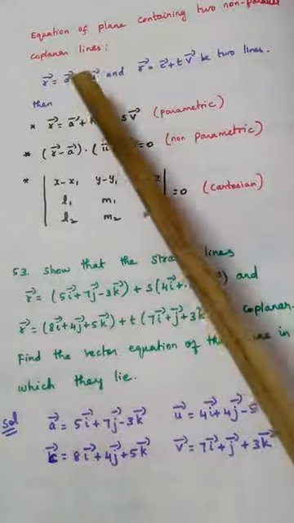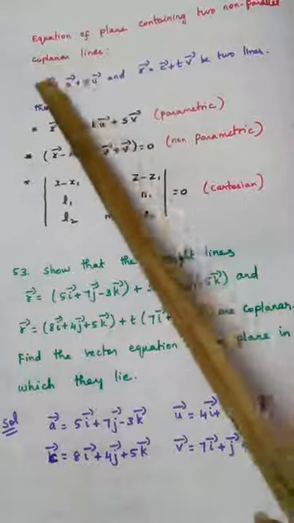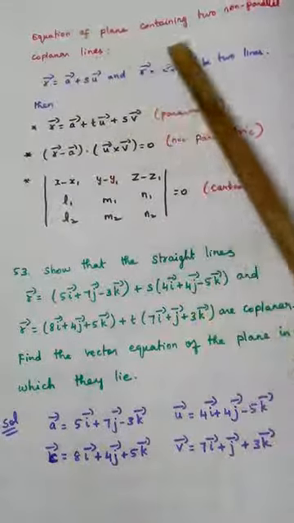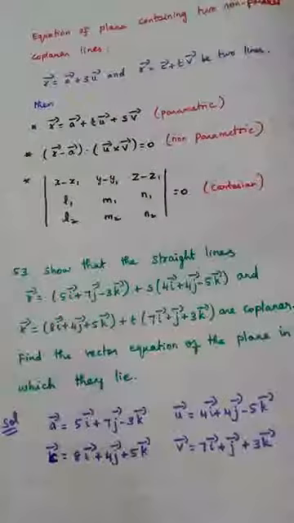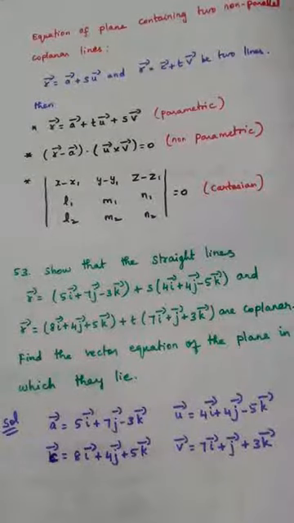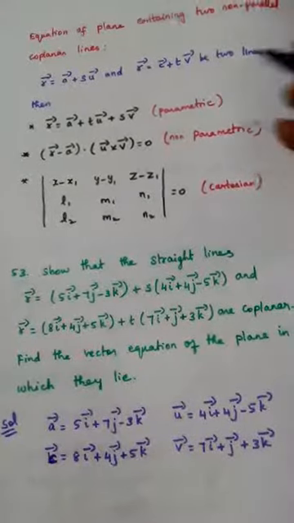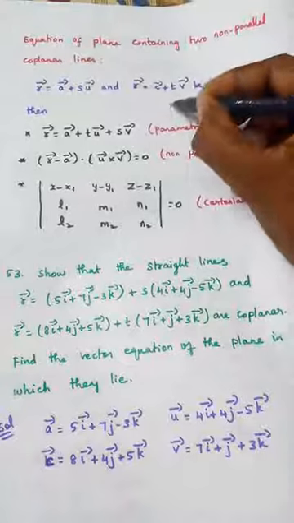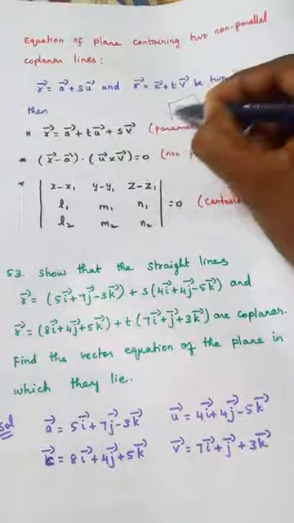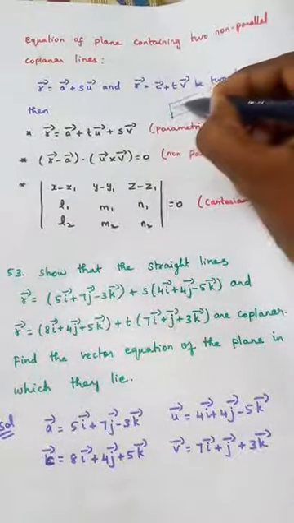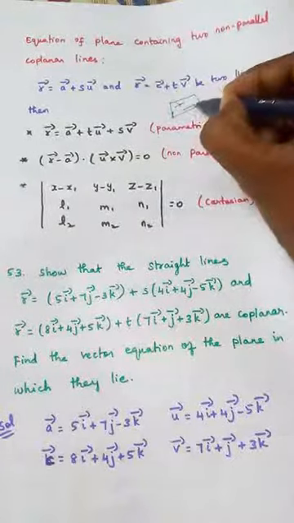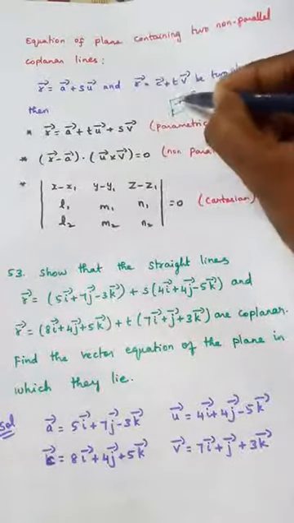You will understand, this is a straight line. This is another straight line. They both lie in the same plane. Yes or no? If we want to draw the diagram, the diagram will look like this. If this is a plane, this is one line, and this is another line. They both lie in the same plane.